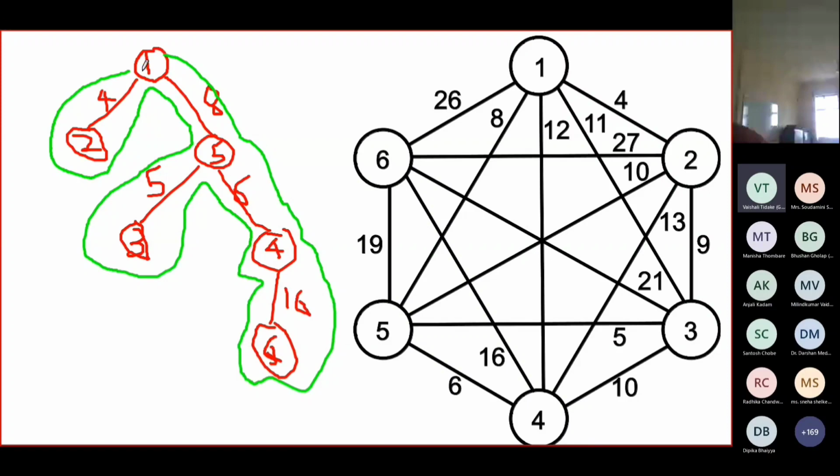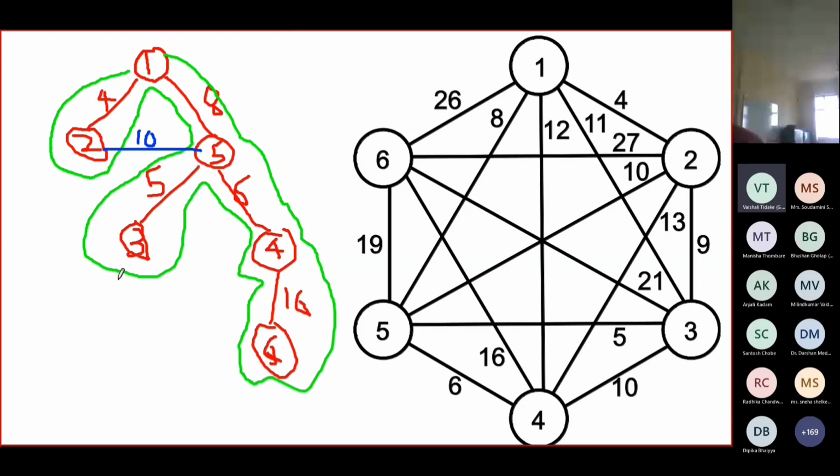The triangle inequality says that if 2 and 5 are already connected, then the distance between 2 and 5 is less than the distance of 2 to 1 plus 1 to 5. So 2 to 1 and 1 to 5 is replaced with this. 2 to 5 is connected with distance 10, so I will insert this edge. I will remove 2 to 1 and 1 to 5, and insert 2 to 5 with 10.